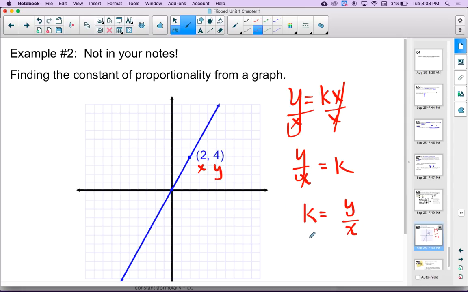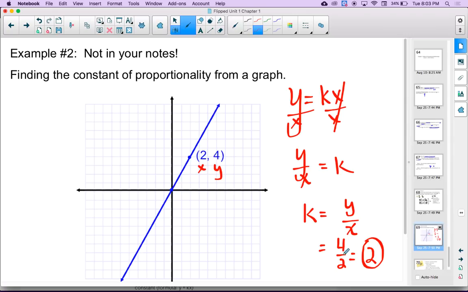So if we want to find that ratio k, then we just have to put our y number on top and our x number on the bottom. So our y number is 4, x number is 2, and if we simplify that, we get the number 2. So in this case, our constant of proportionality is 2.